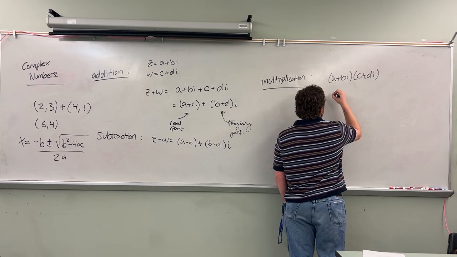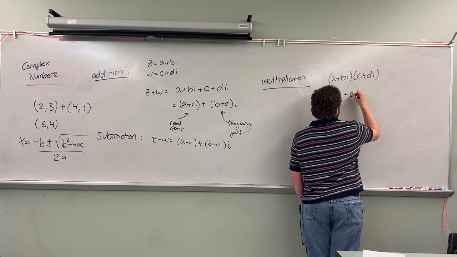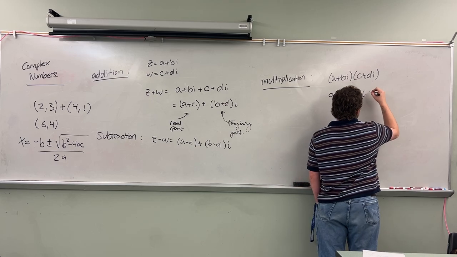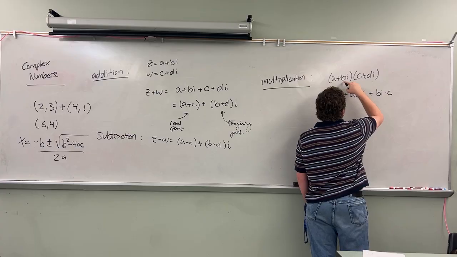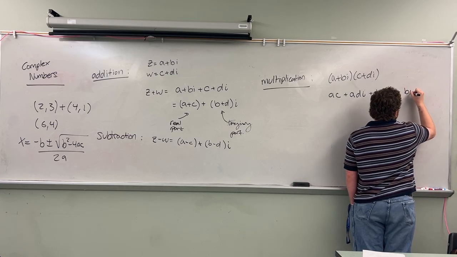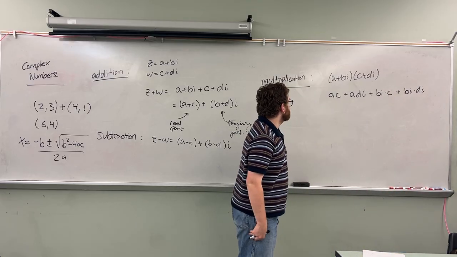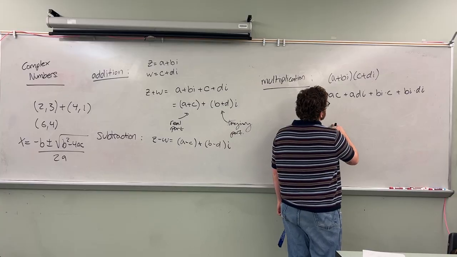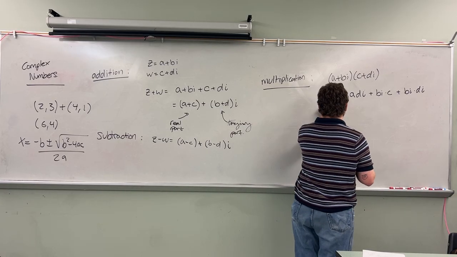I get A times C, A times DI, BI times C, and then BI times DI. AC I can leave by itself for now.